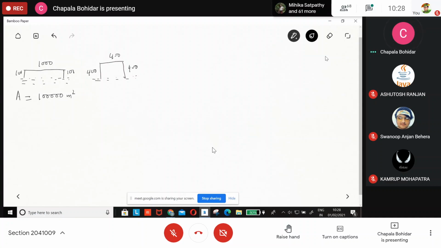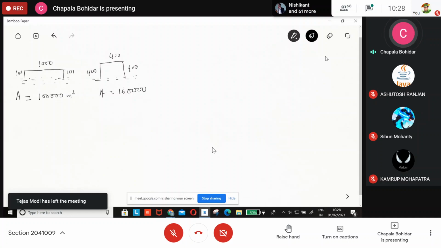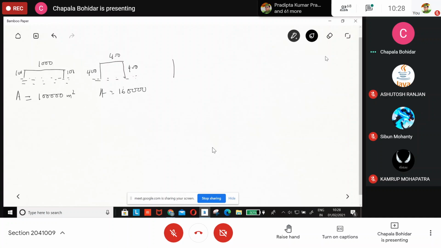What is the area? 160,000. Okay. If you fence with 500, 500, then 200 is left. It is not necessary to fence this.